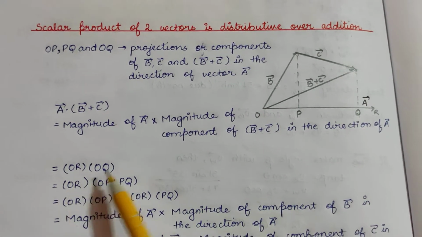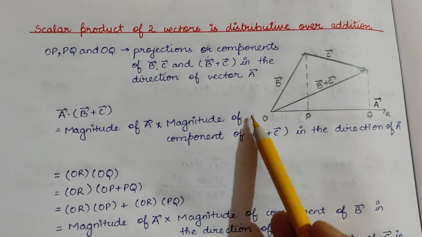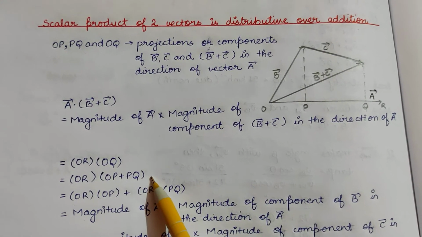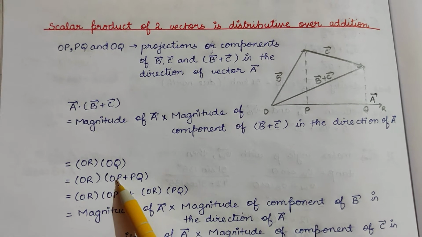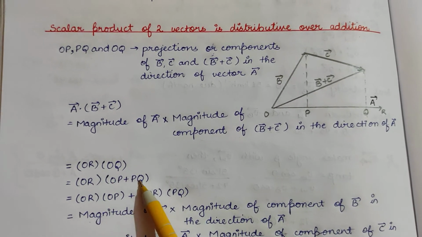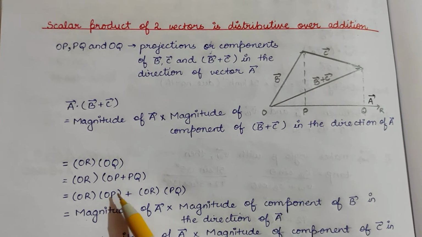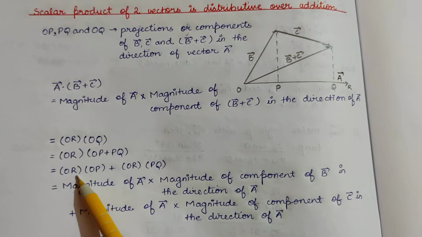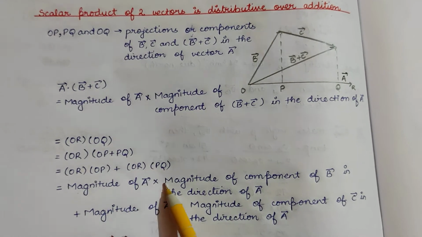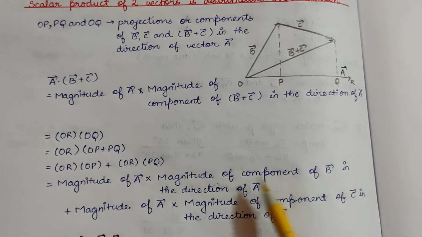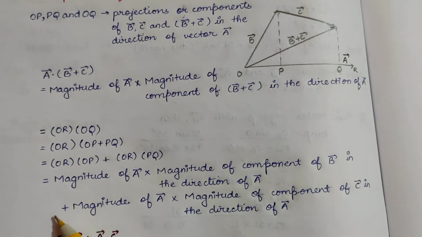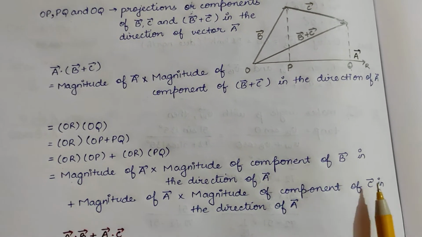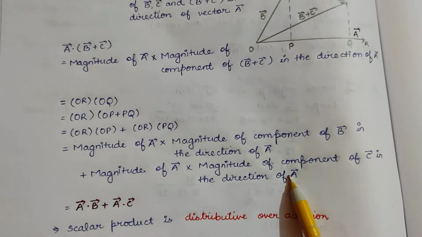So OQ can be written as OP plus PQ. Now if we multiply OR with OP and OR with PQ, we get OR into OP plus OR into PQ, which is equal to magnitude of vector A into magnitude of component of vector B in the direction of vector A plus magnitude of vector A into magnitude of component of vector C in the direction of vector A.